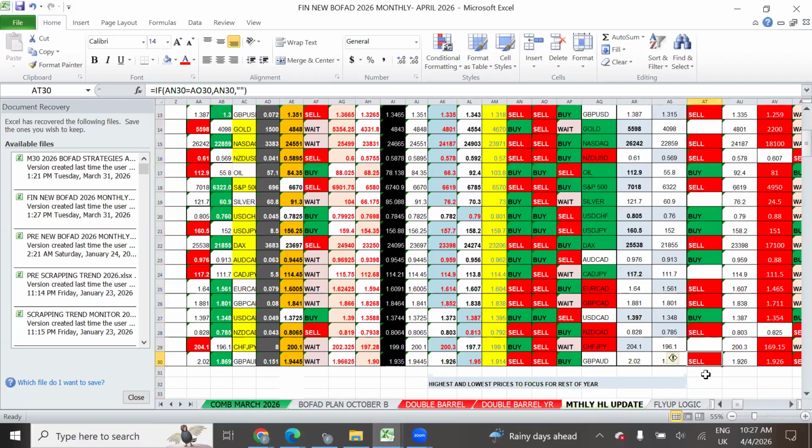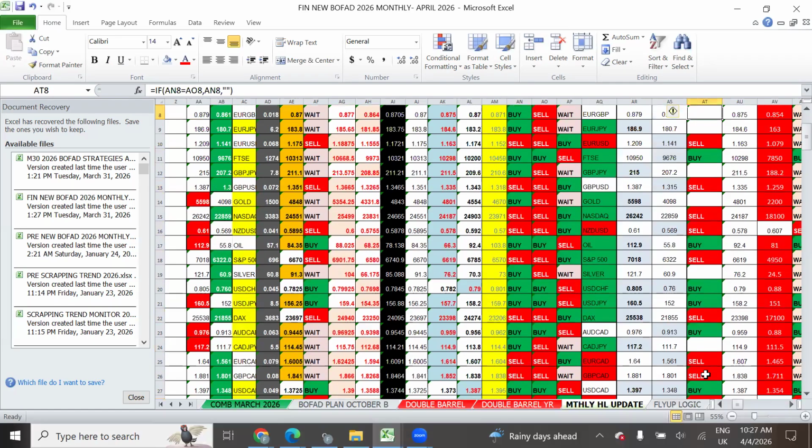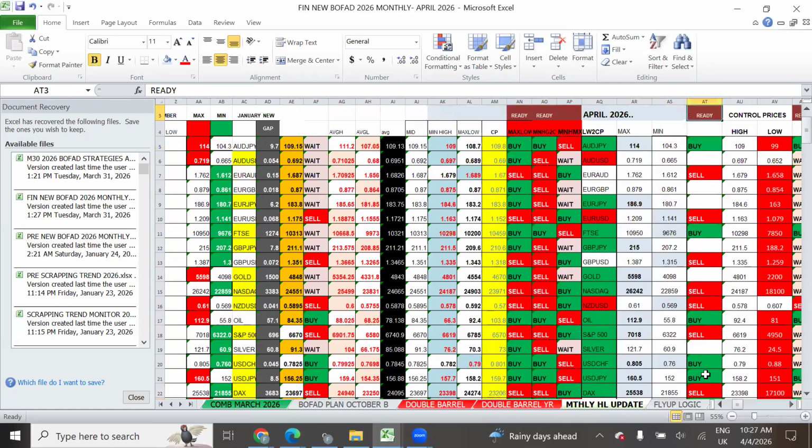So out of these 26 products, let's see how many already give us a direction. 1, 2, 3, up to 18 products. So we already have 18 products from this list of 26 that have given us a direction as at April 2026.